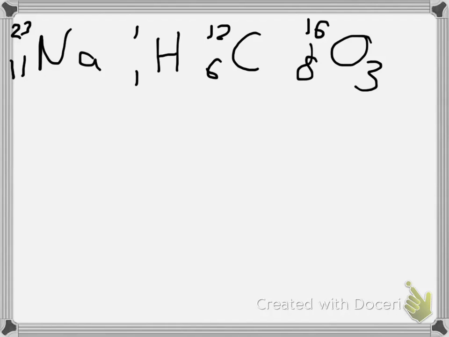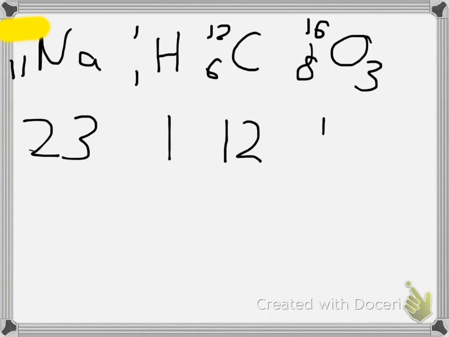The mass number of sodium is 23, hydrogen is 1, carbon is 12, and oxygen is 16. I know I've got 1 sodium, 1 hydrogen, 1 carbon, and 3 oxygens, so I need to multiply that oxygen by 3, and then add each of these together.